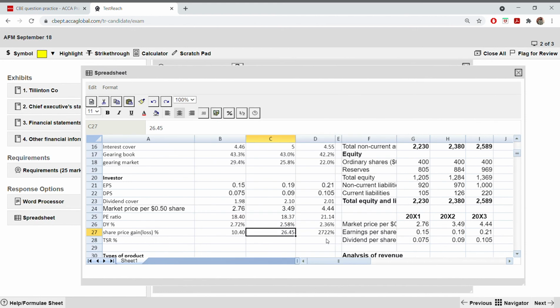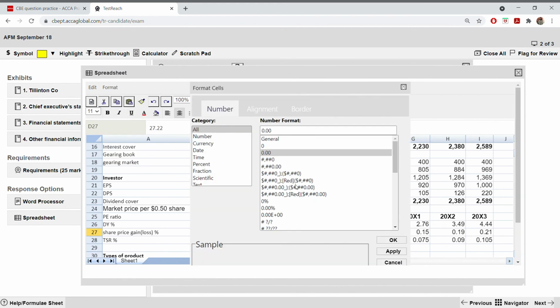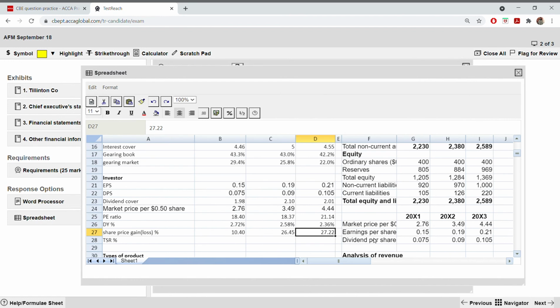And this one too. Format cells and okay. So when you take the shareholder return, it will be sum. When you take the sum, there will be a mistake. Always make sure that you make errors in Excel and learn. The mistake is this is in percentage, this is without percentage.